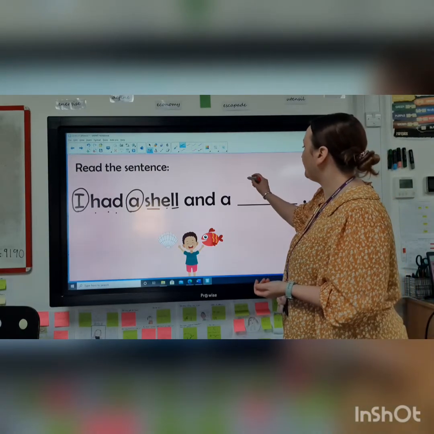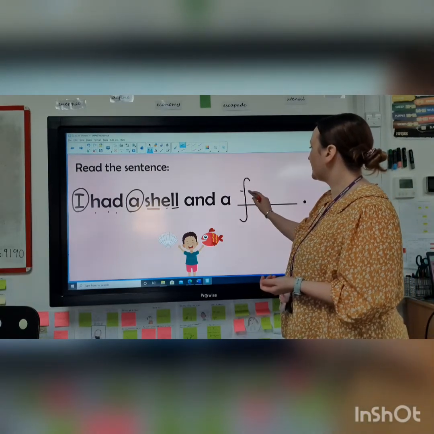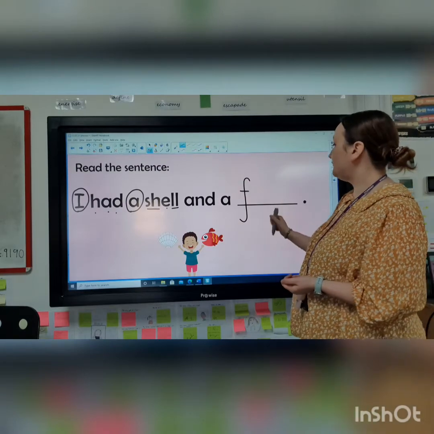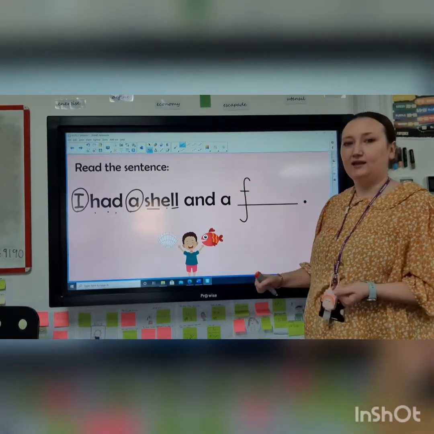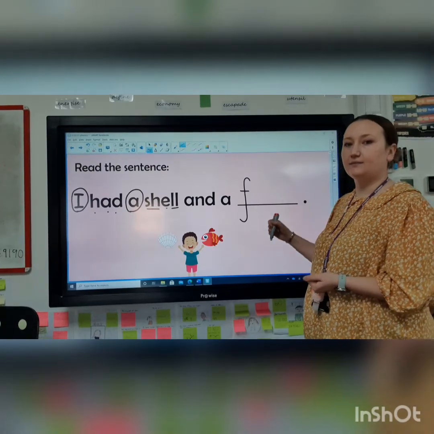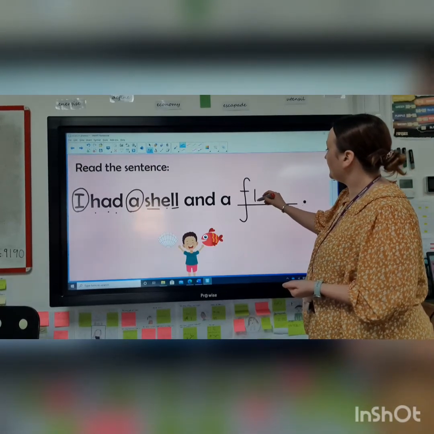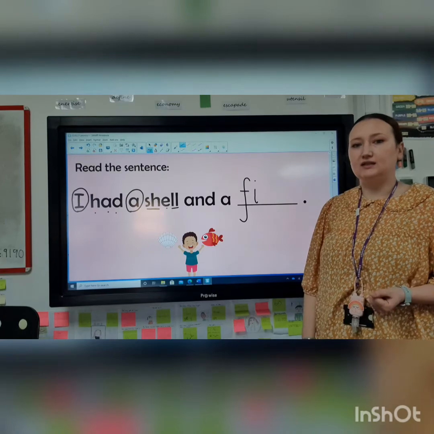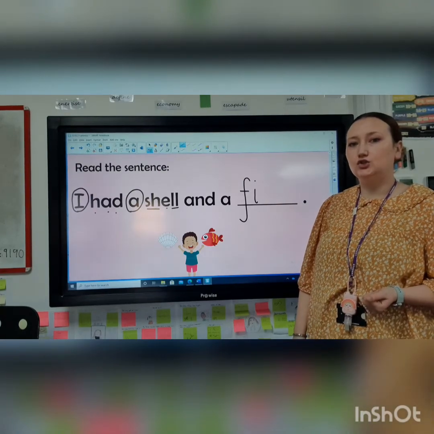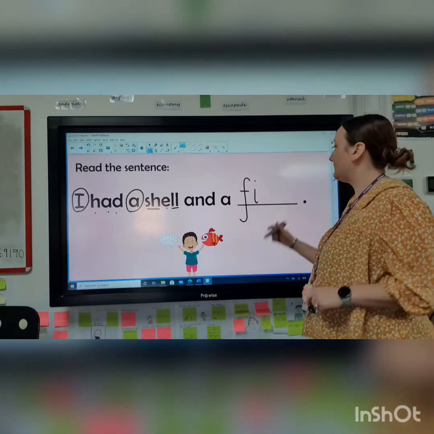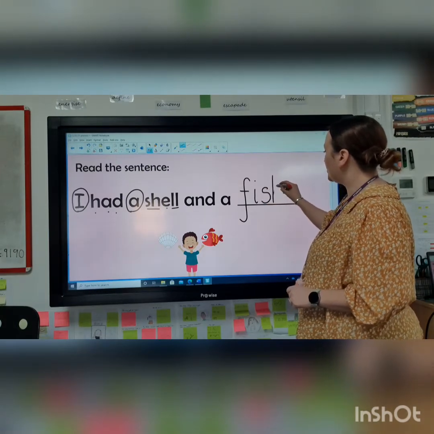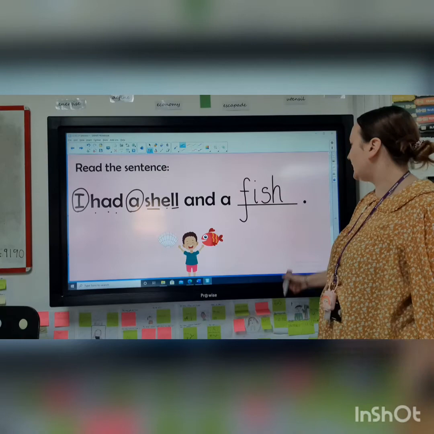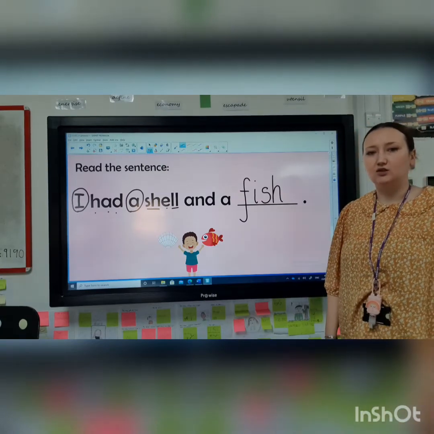So fish. Fish. I think we need i next. Okay. Fish. And what's the last phoneme? Fish. Sh. Okay, and we've got our full stop because we have finished our sentence.